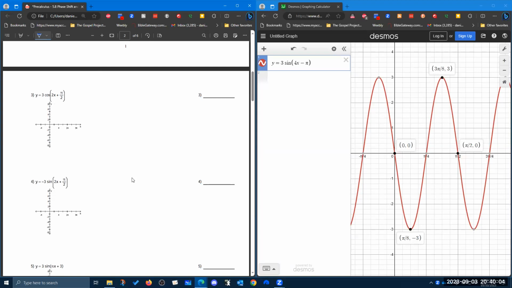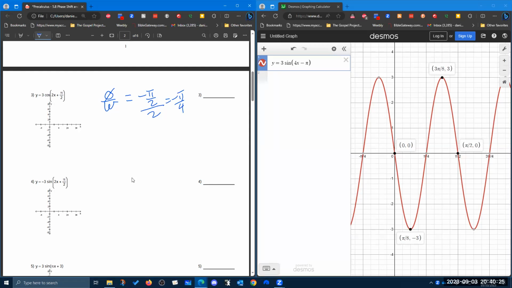In this example right here, I've got my cosine function. So I again am going to figure out my phi over omega, which is negative pi over 2 over 2, negative pi over 4.